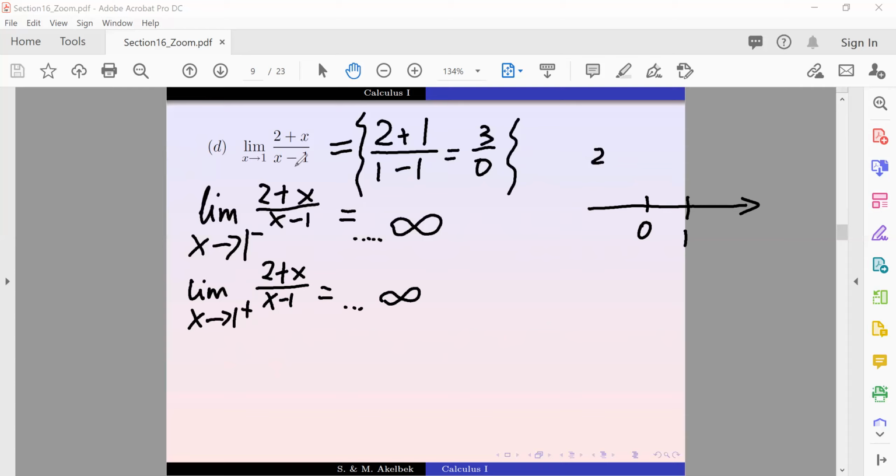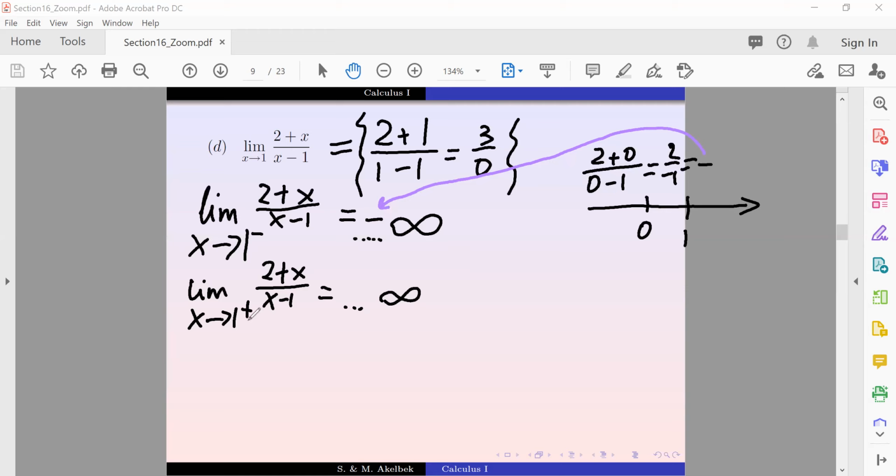I'm substituting into the function: 2 plus 0 over 0 minus 1. I really don't care about the value, but I care whether it's positive or negative. It's 2 over negative 1, so I know that it's negative. So this negative gives me the minus for the infinity. It's minus infinity. That's how I determine that.